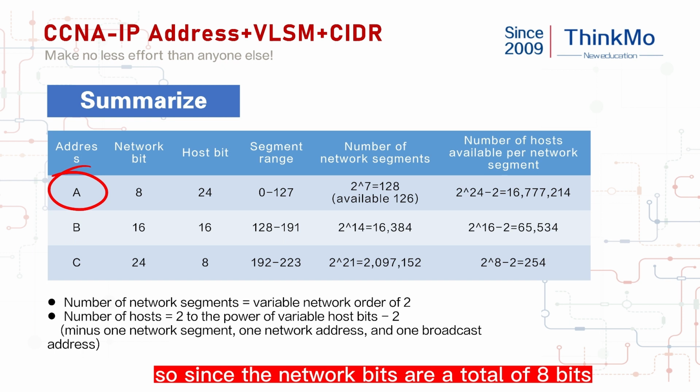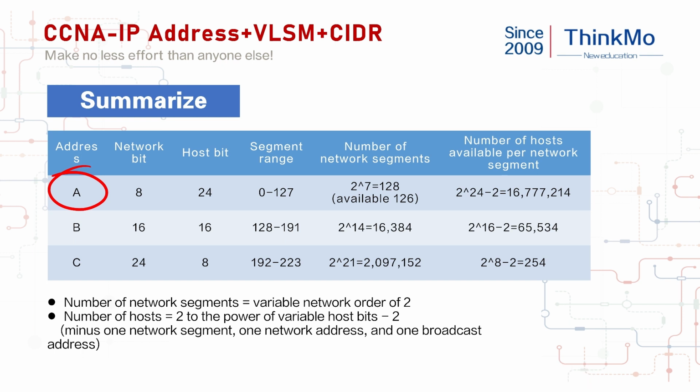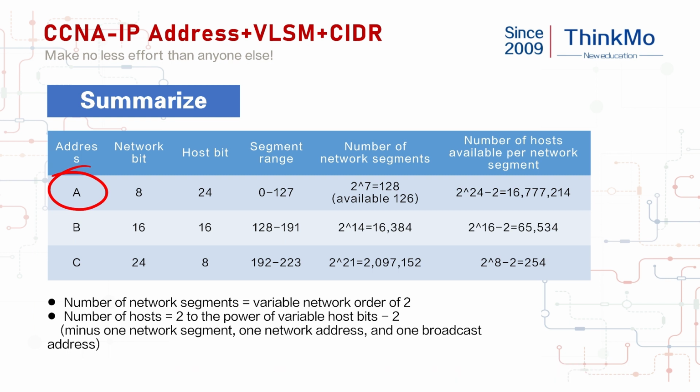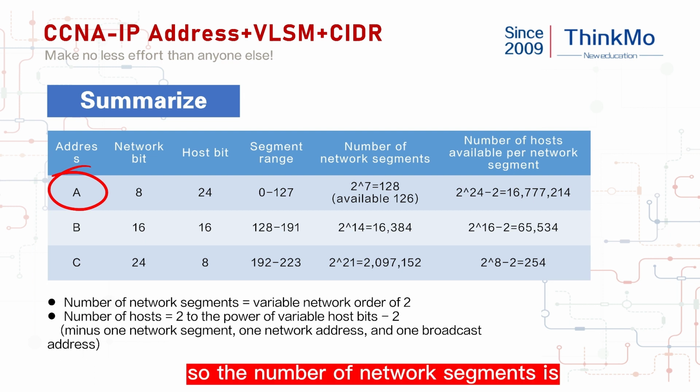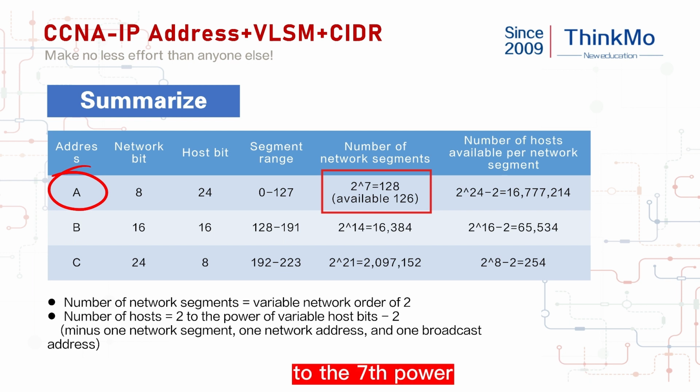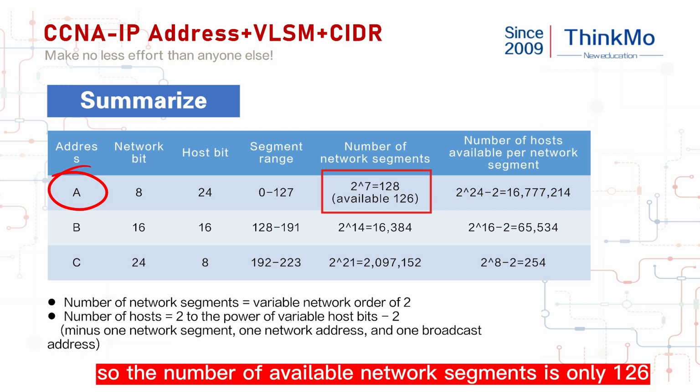Since the network bits total 8 bits and the first is fixed, the range that can change is only 7 bits. So the number of network segments is 2 to the power of the variable network bits, which is 2 to the 7th power. But since network segments 0 and 127 cannot be used, the number of available network segments is only 126.